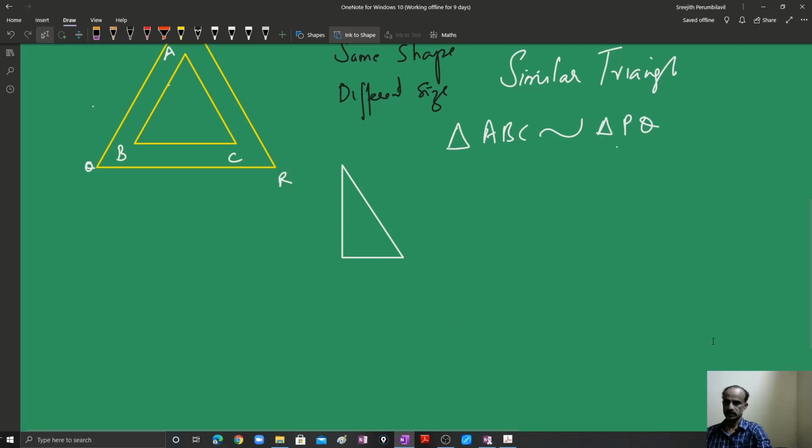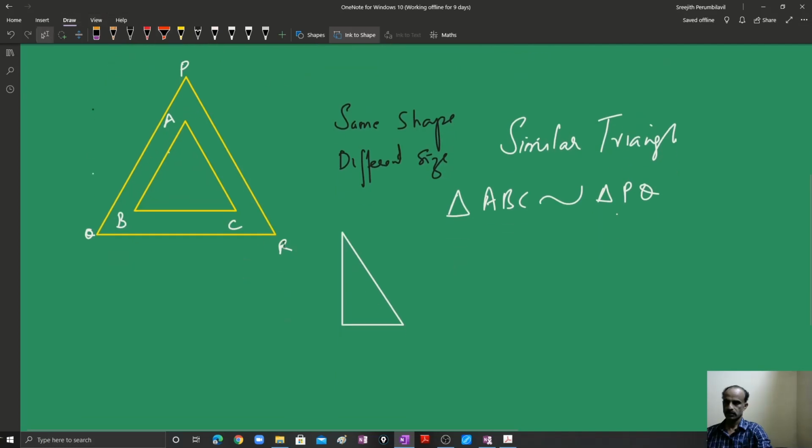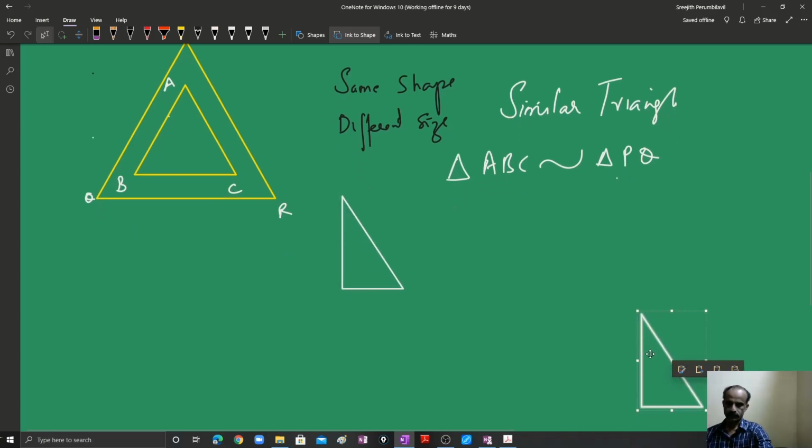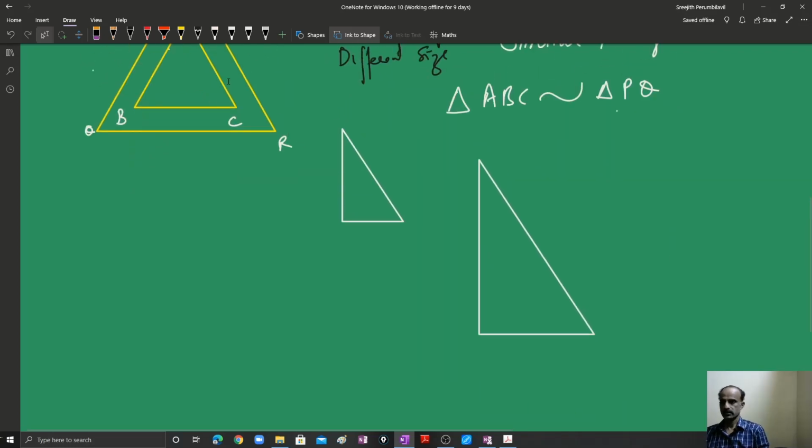I'm just copying it, and then I increase the size, so that there are two right triangles. I can name them L, M, N and X, Y, Z.